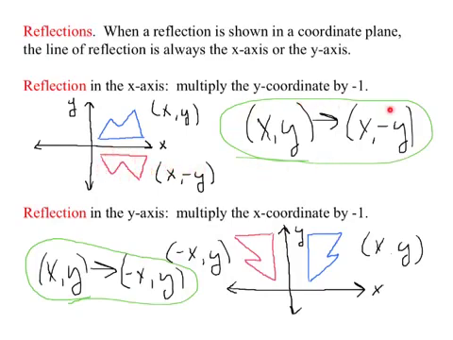So in coordinate notation, we switch our (x, y) ordered pair into (x, -y). A reflection in the y-axis, we multiply the x-coordinate by -1. So if I start out with blue, (x, y), and I reflect it over the y-axis, I get (-x, y). So our coordinate notation goes from (x, y) to (-x, y).